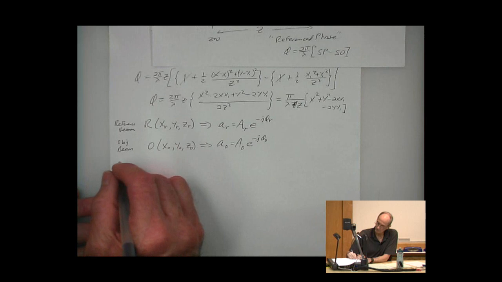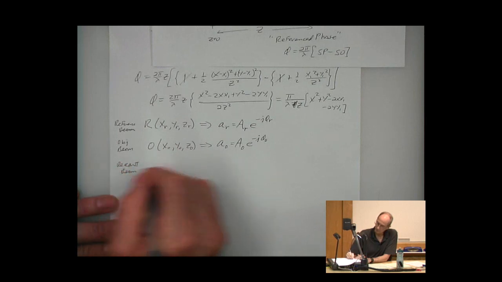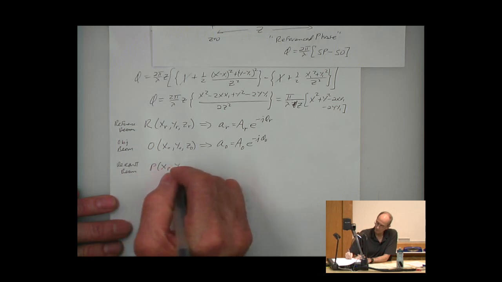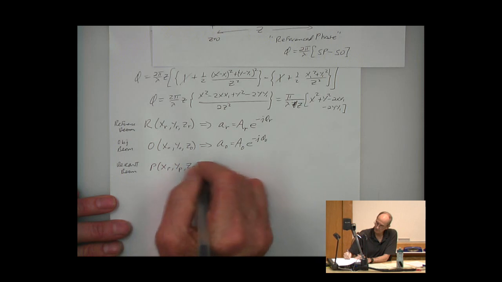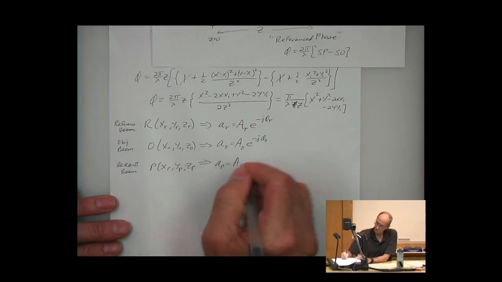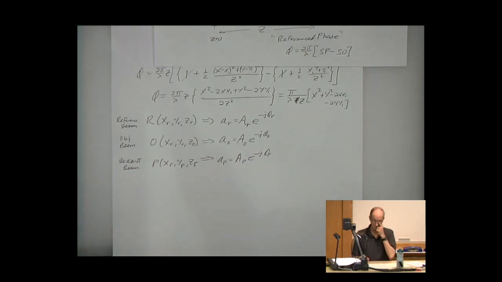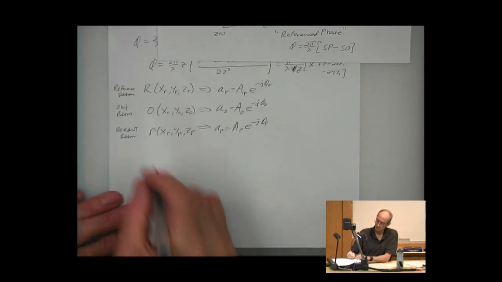And then we have our reconstruction beam, which is P, with coordinates xp, yp, zp, and it's similar: a sub p times e to the minus j phi p. All right, so that's the set of fields that we have.